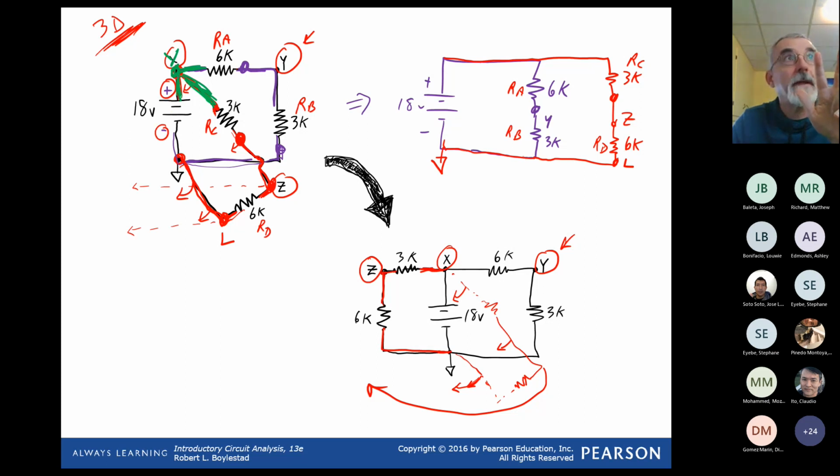X connects to the positive of the 18-volt supply, X connects to RA, and X connects to RC. So here in green is X. And I could show it in this other equivalent here as well. I think it takes some practice.